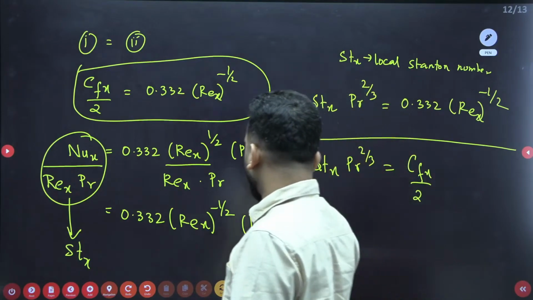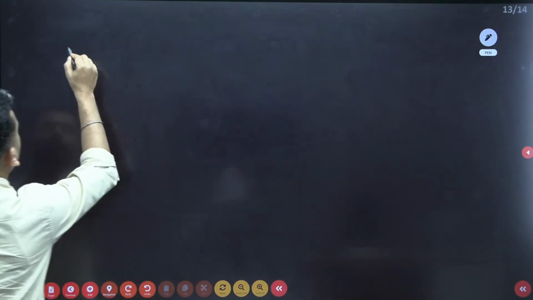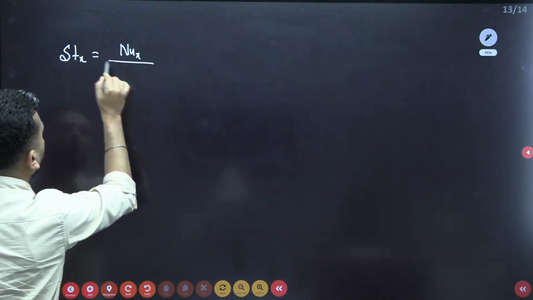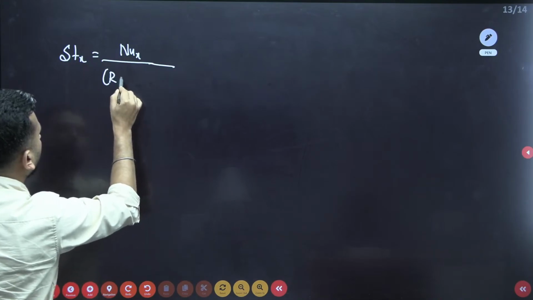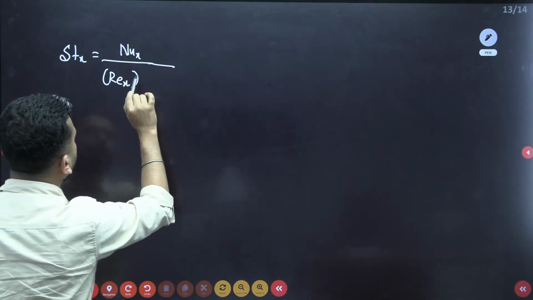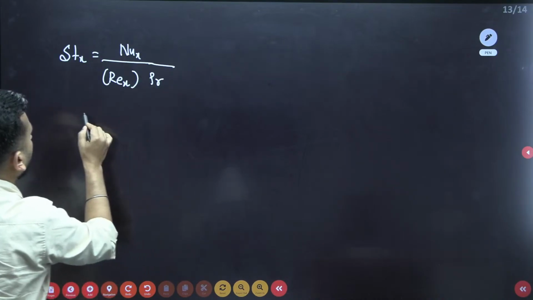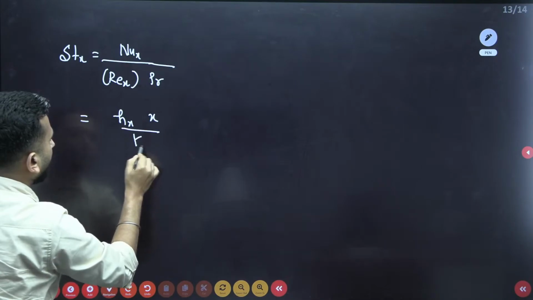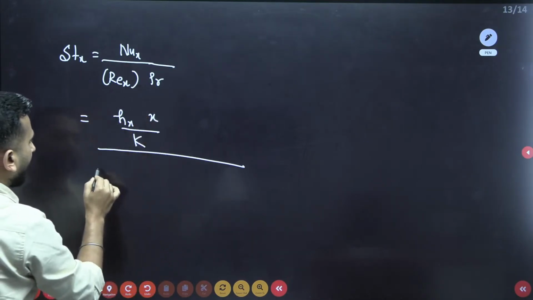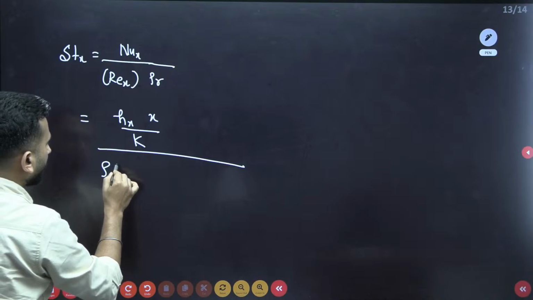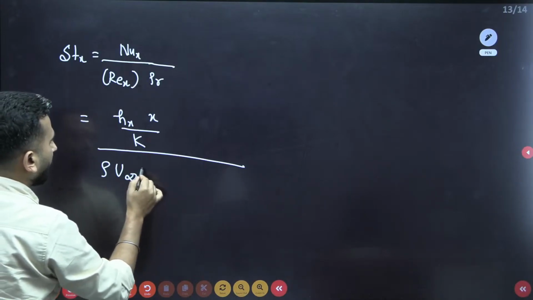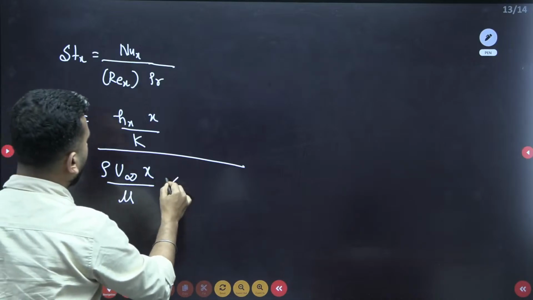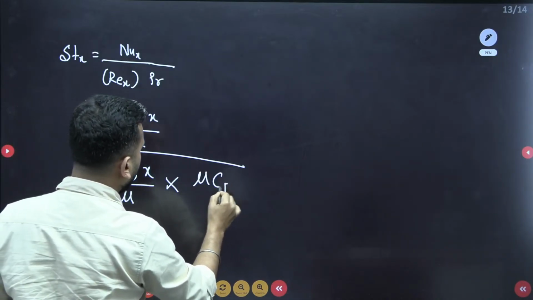Okay, now how is it representing heat transfer? Let us see. Stanton number x is equal to Nusselt number x divided by Reynolds number x into your Prandtl number. Nusselt number h_x x by k, divided by what is Re_x? rho u infinity x by mu, into what is Prandtl number? mu Cp by k.